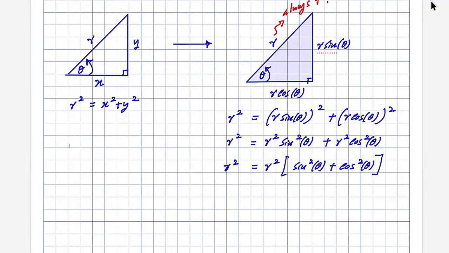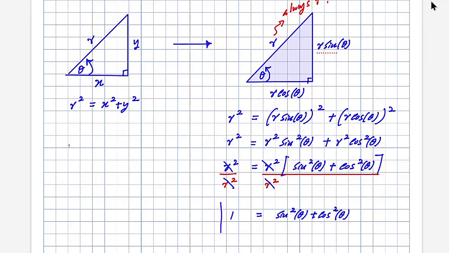Now, I'm going to divide the right hand side by r squared and the left hand side by r squared. When I divide, r squared is gone here and here. So we got a beautiful relation. On the left hand side you get 1, on the right hand side you get sine squared theta plus cos squared theta.